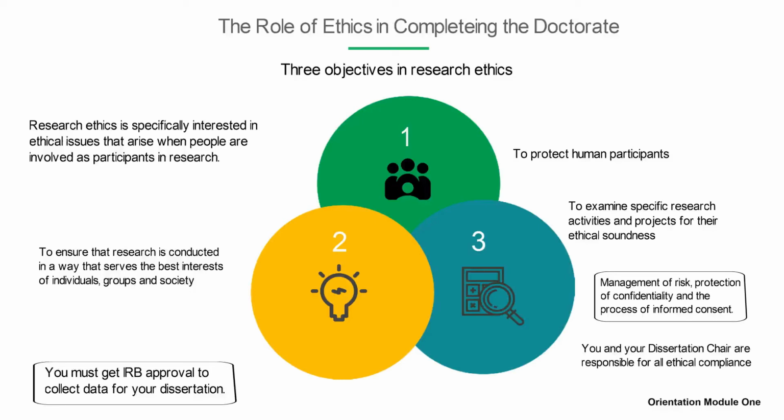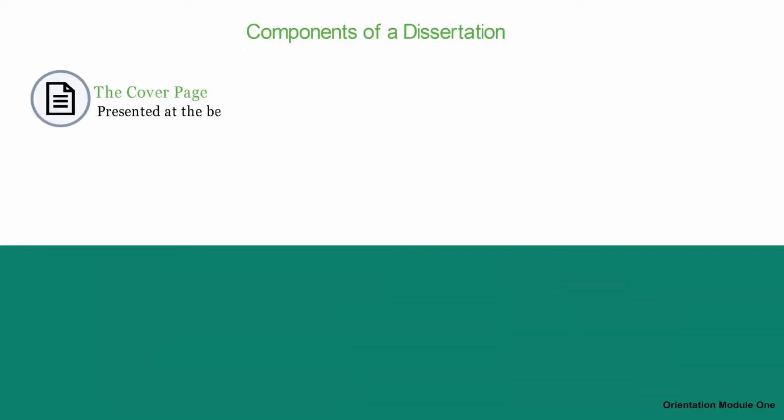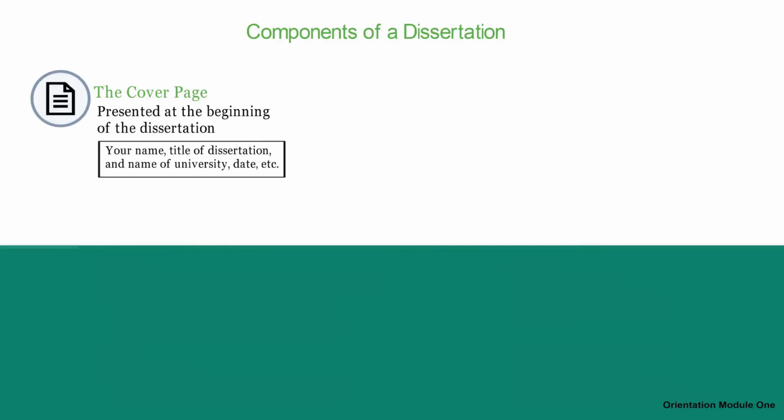Next, you must ensure that you address all the components of a dissertation as prescribed by your department. A dissertation usually includes the following components: the cover page, the page which is presented at the beginning of the dissertation with your name, title of dissertation, and name of university, date, etc. The university has its cover page template which you must use.